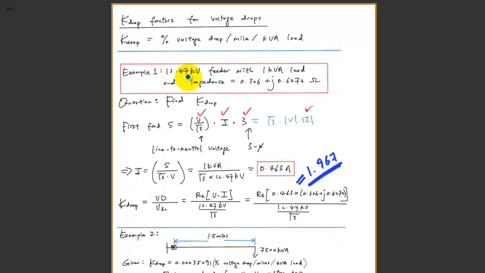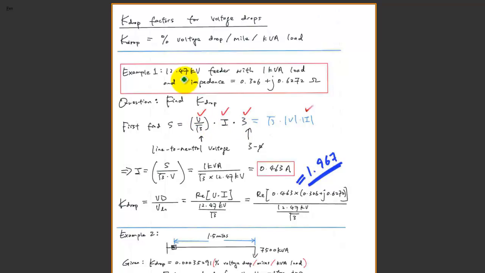Example 1: a 12.47 kV feeder with 1 kilowatt load and the impedance equal to 0.306 plus j0.6272 ohm. To find the K factor, the first thing we have to find is the complex power, which is S equal to the voltage times the current, for three phase.